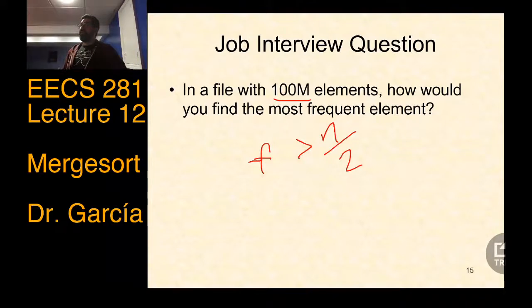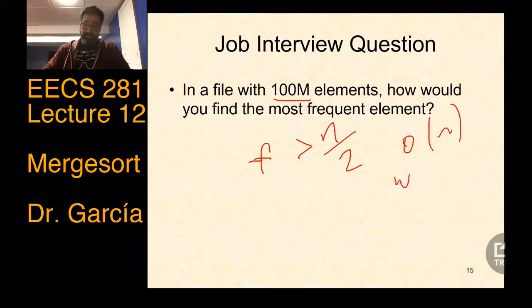If you know for a fact, before you look at anything in this data set, that the most frequent element occurs more than half the time, so its frequency is really, really large, then you can use Moore's algorithm, and this makes it linear time, actually. So this would be with Moore's.